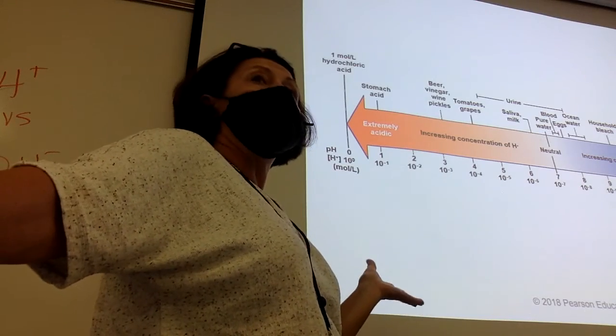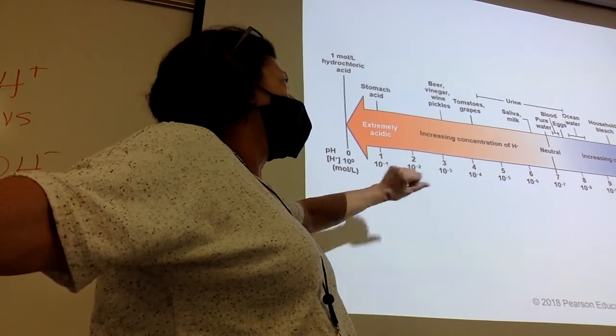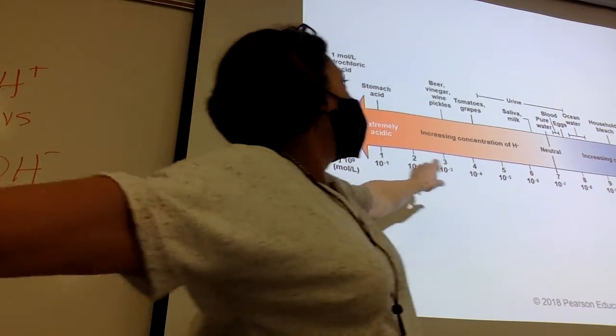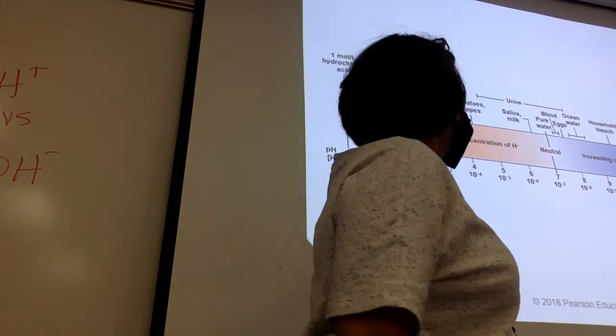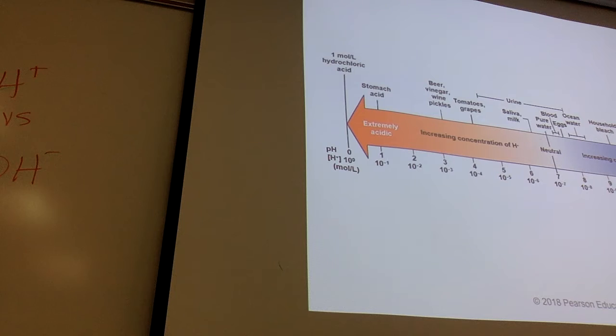The ones in the textbooks I use in high school are vertical, so this is unusual for me. 1 to almost 7, acids, more hydrogen ions. Above 7 to 14, bases, more hydroxide, less hydrogen.